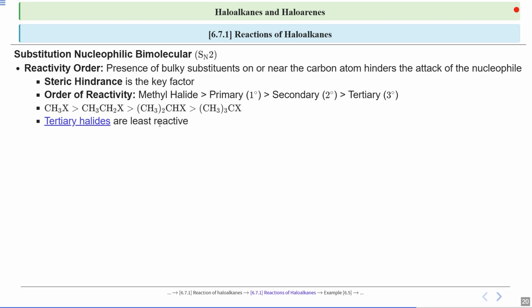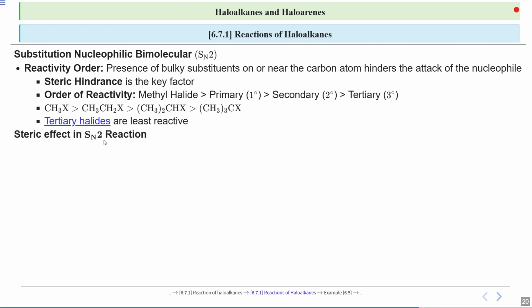So tertiary halides are least reactive because in tertiary alkyl halides, at the carbon atom there is a presence of bulky substituents which hinders the attack of the nucleophile. So steric hindrance will be there, due to which the nucleophile can't properly attack the carbon to form the bond with it. So tertiary halide reactivity will be the least.